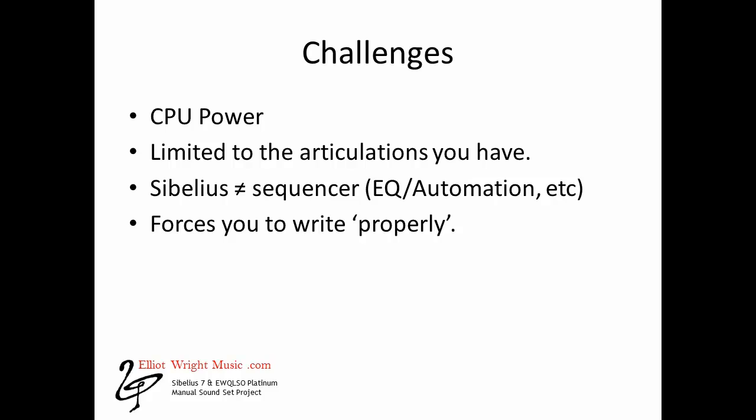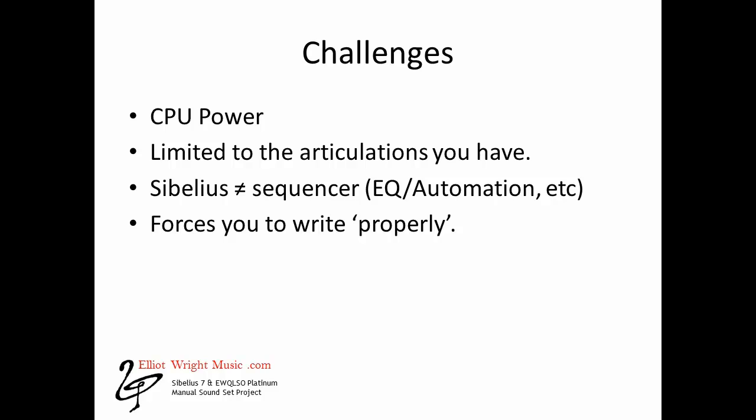The next one is this. If you are using a program like Sibelius to do a project like the one that I've demonstrated, you'll notice that what I talked about in my previous two videos and what I'll talk about in my next video is all about taking the individual sampled instruments and treating them like individual real instruments. My whole score is made up of a bunch of solo instruments in the woodwinds and the brass. I'm treating each individual staff like its own instrument, and that means that I can't pull shortcuts like I might be able to in a sequencer.